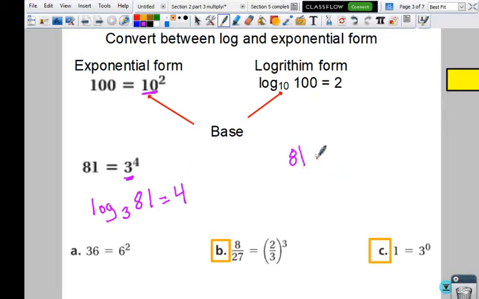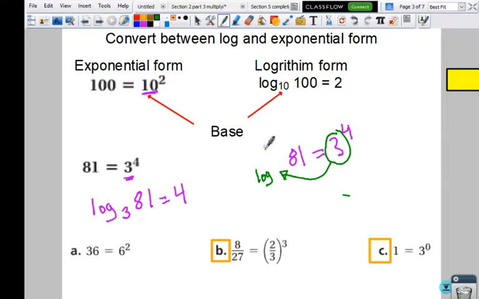So the way I like to remember these: if I'm going from exponential to log form, I take my base here, I put a log in front, and then my base squishes down by the log. And after I do that, my exponent just kind of falls down like a normal number.